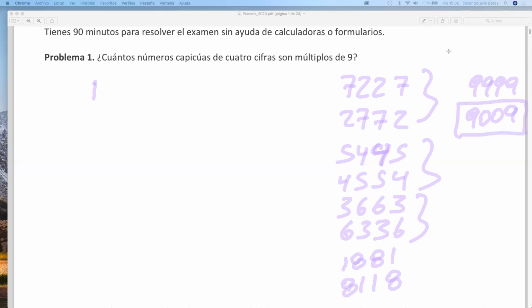No, no me acuerdo del cero. Ok. Sí, es el único que faltó. Bueno.